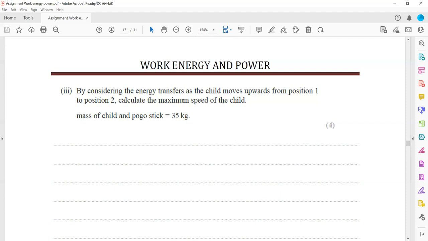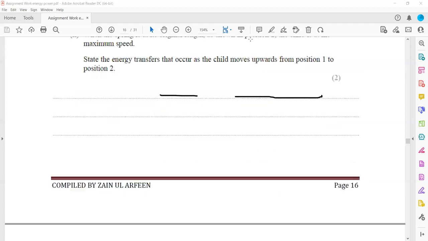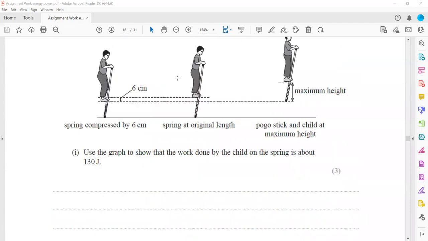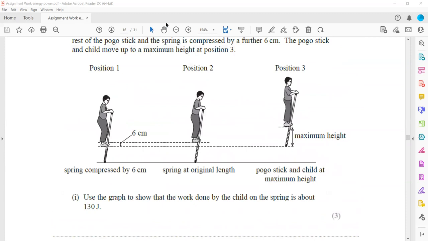So by considering the energy transfer as the child moves upward from position 1 to 2, we have to calculate the maximum speed. And remember what height we will take. See, he moved 6 centimeter. So 6 centimeter means we will take that as 0.06 meter.